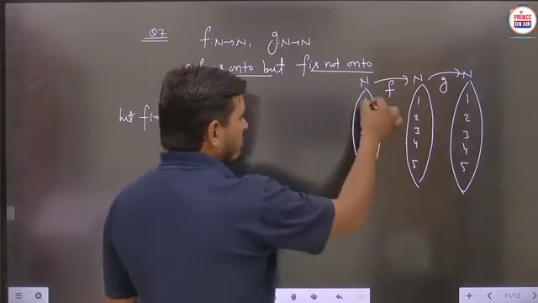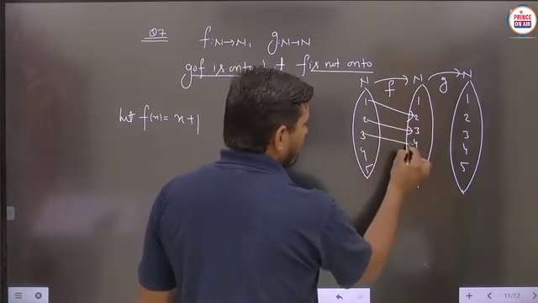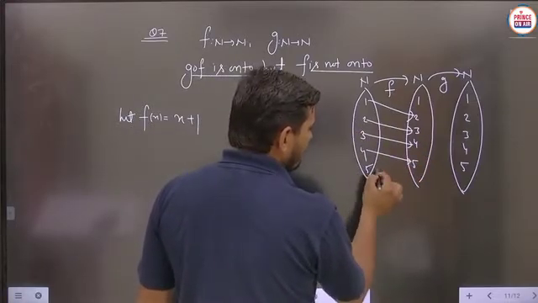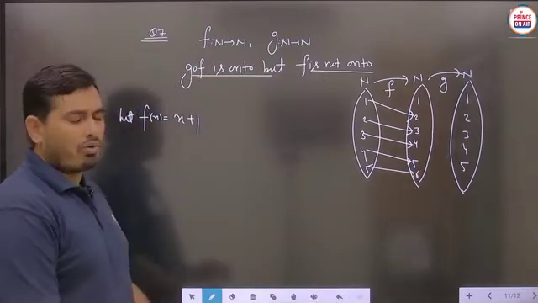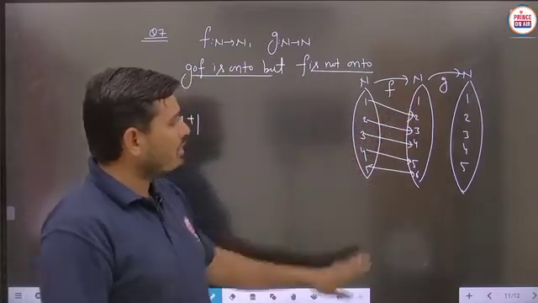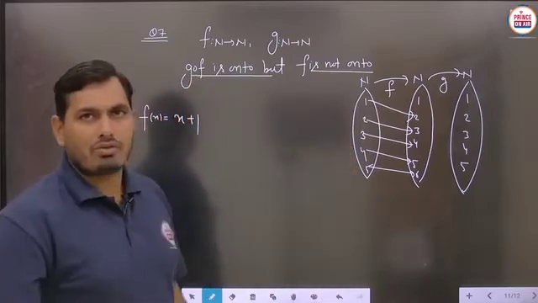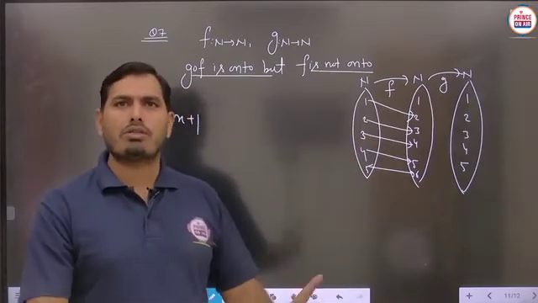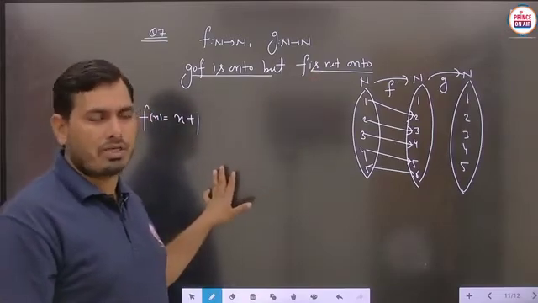If 1 is taken, then it is 2, then 3, then 4, then 5. Some remaining elements also have an image in the codomain, no problem. Now student, 1 is not here, meaning this particular element 1 does not have its pre-image. So this particular function is not onto. So basically, according to the given situation, we take this function as x plus 1.